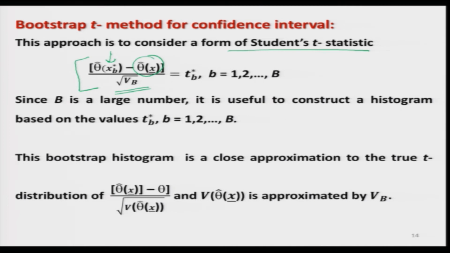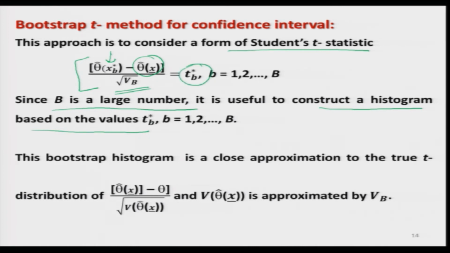Then we take a large number of bootstrap samples so that the approximation holds good, and since we have a large number of observations, we can construct the histogram of the values obtained here, which are denoted as t star b.